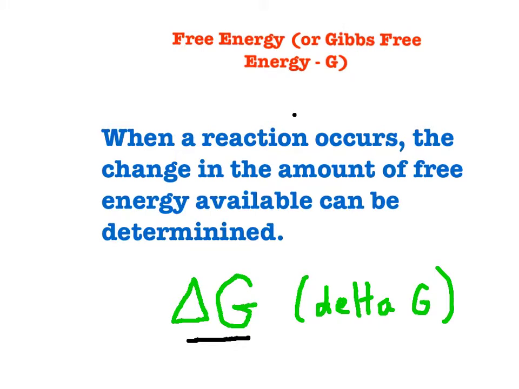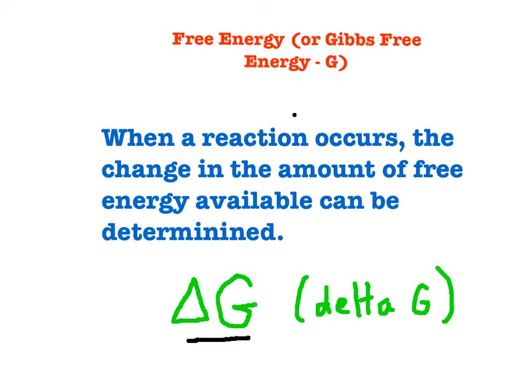I do want you to understand, though, what free energy is and what it means when it increases or when it decreases. So free energy is the amount of usable energy available to the system. So let's say your cell is doing a reaction, any old reaction.